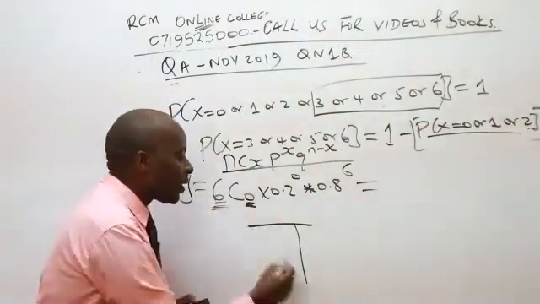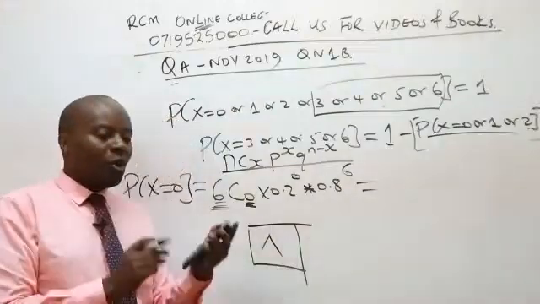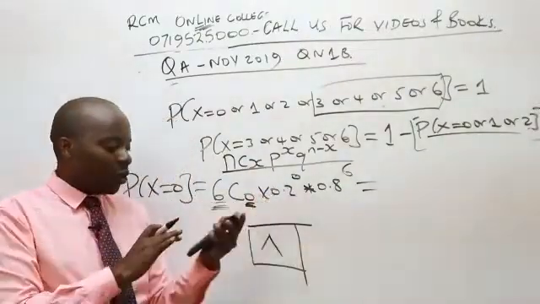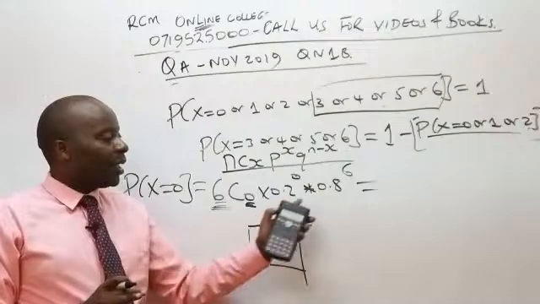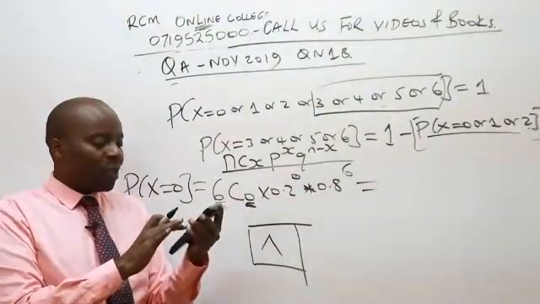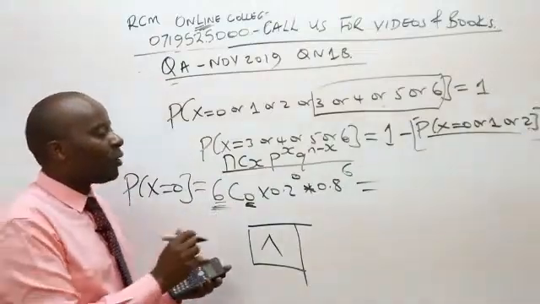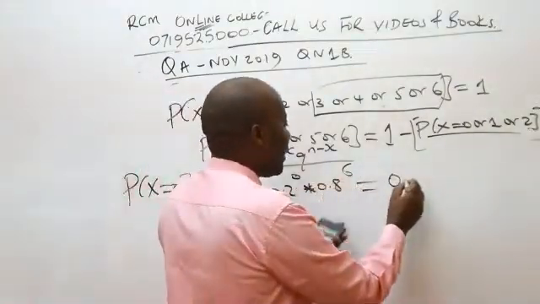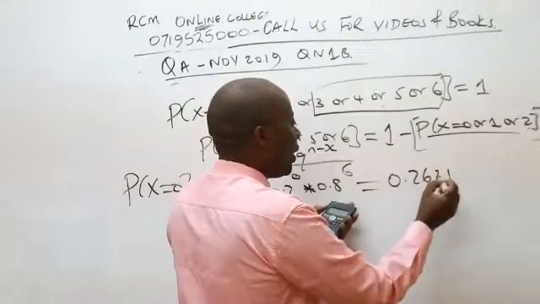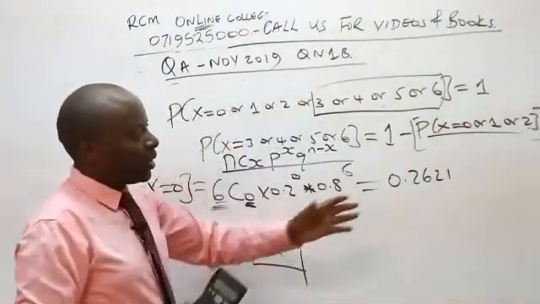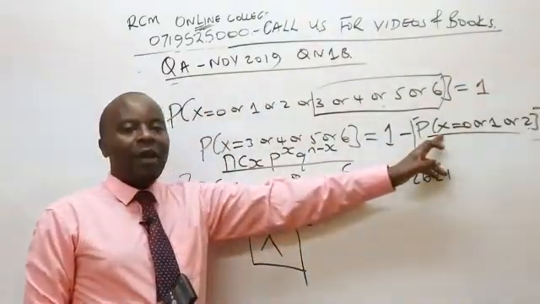In some calculators, raised is like this. So raised to what here? To 0. Then I'll say times again 0.8 raised to power what here? Power 6. So ladies and gentlemen, what figure am I getting here? I'm getting 0.2621. So this is the probability of the first event.